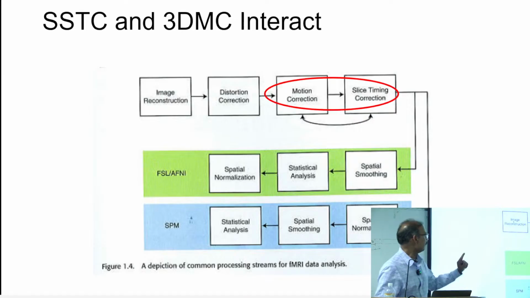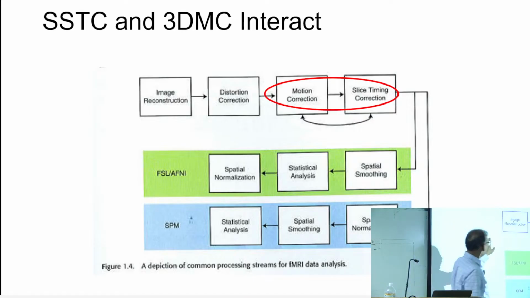The steps they suggest are image reconstruction, distortion correction, motion correction, slice timing correction, and then spatial smoothing, statistical analysis, spatial normalization. This is how FSL and AFNI do it. For SPM, it's spatial normalization, spatial smoothing, and then statistical analysis, right?